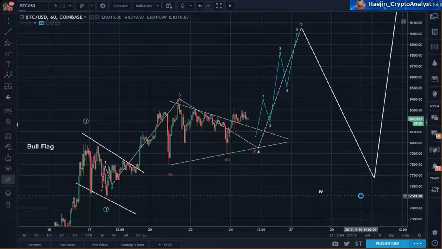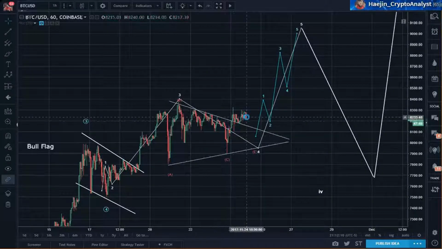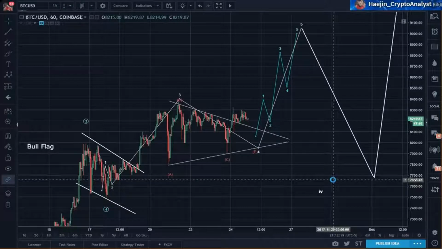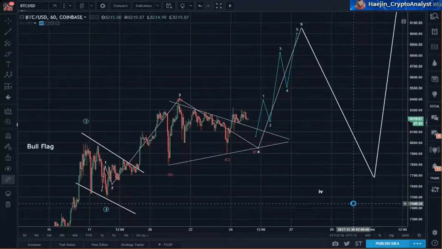So we pretty much left it off here in the morning analysis, and it's just flicking around. I mean, there is really not too much to add.